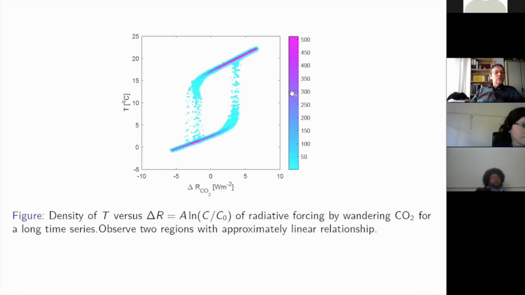These are arbitrary units here. The purple shows regions of high density. So these regions aren't very well sampled, and they are very rarely visited. If you can see here, there are 2 regimes. There's a warm regime and a cold regime, and they are pretty straight.